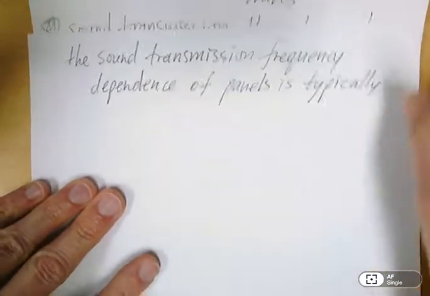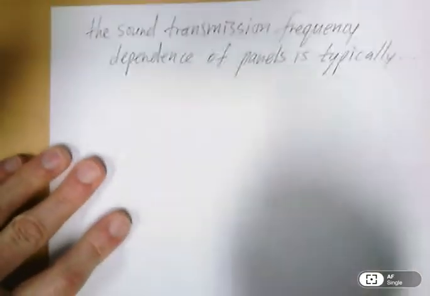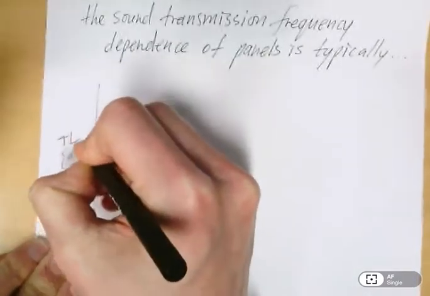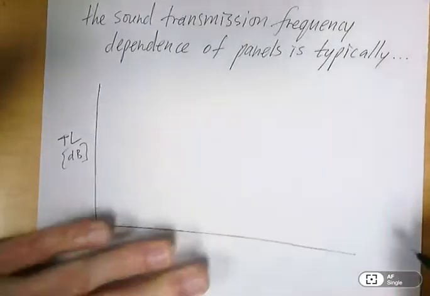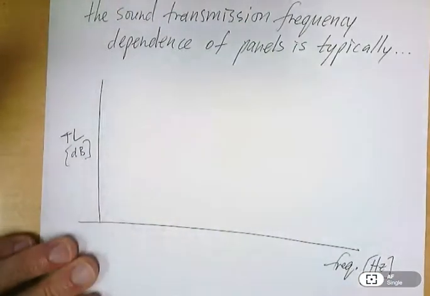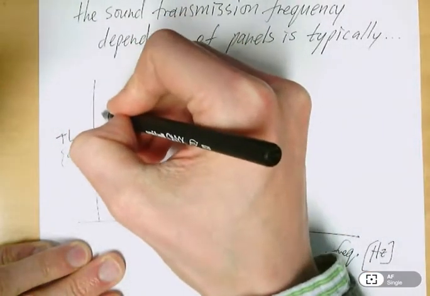So if we plot out this frequency dependence of transmission loss in dB and frequency, we generally have this type of behavior shown here.